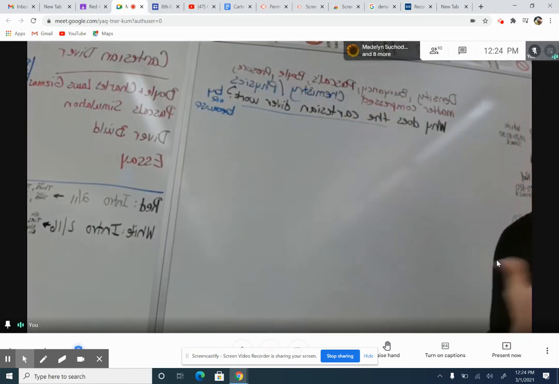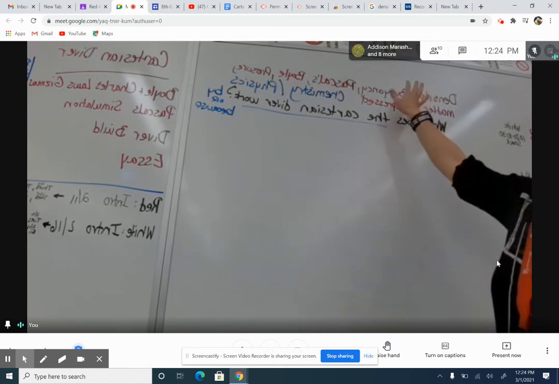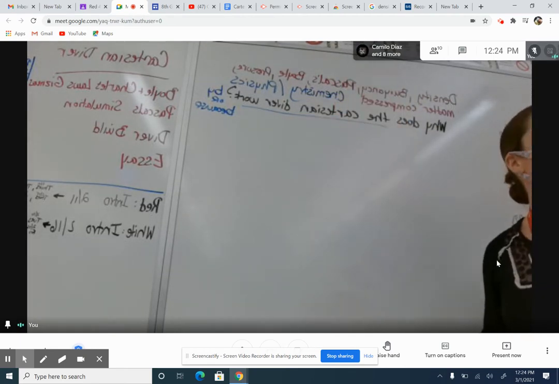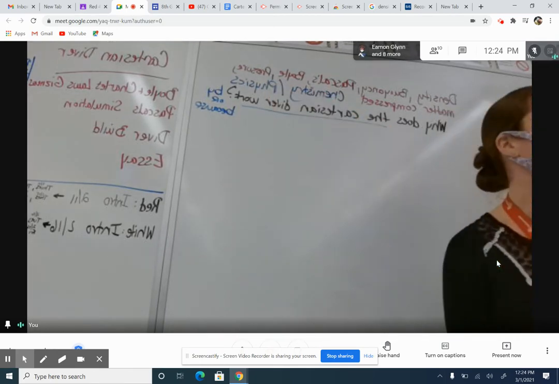Do we all agree? All right, so what are some of the things that we could write afterwards? The Cartesian diver works because... Why does it work? Because of the compression of air inside of the density. Okay, so density, compression of air. So we can take it where we just list everything. We could also say that it works because of chemistry and physics concepts.